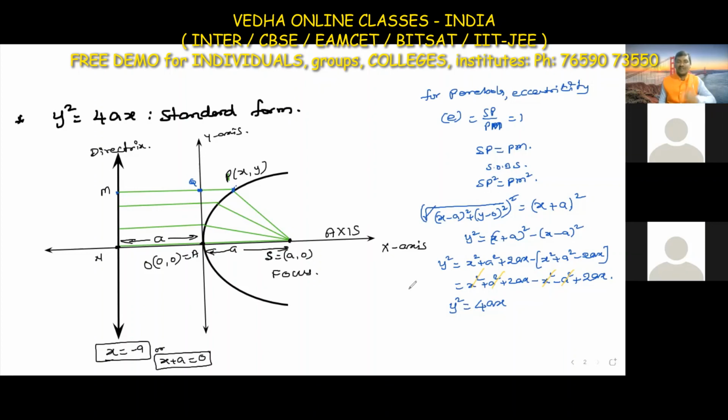Therefore, the standard form of the equation of the required parabola is y squared equals 4ax. Understood?